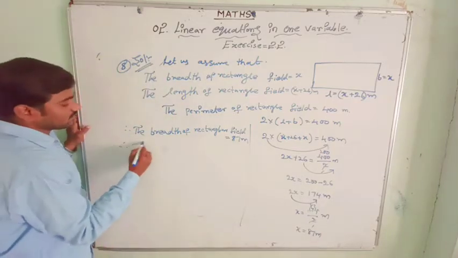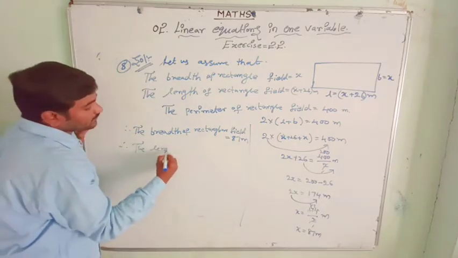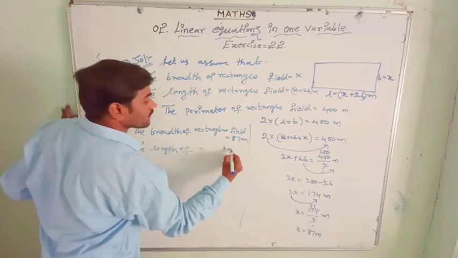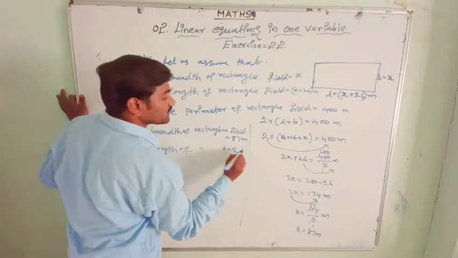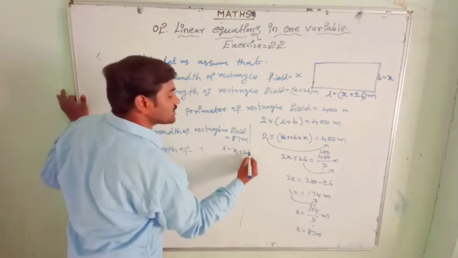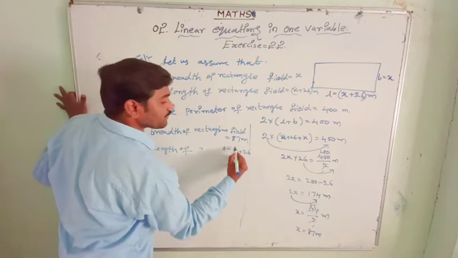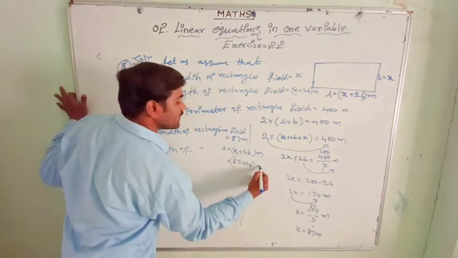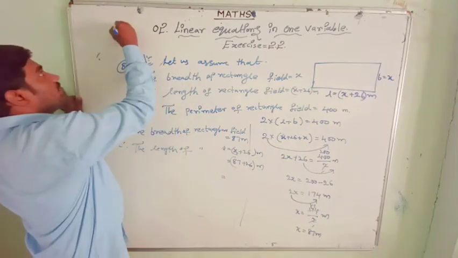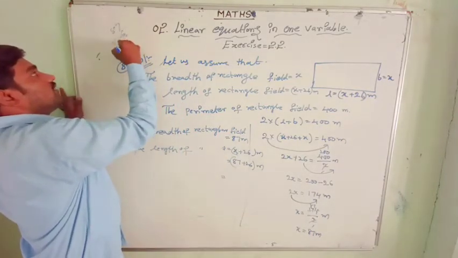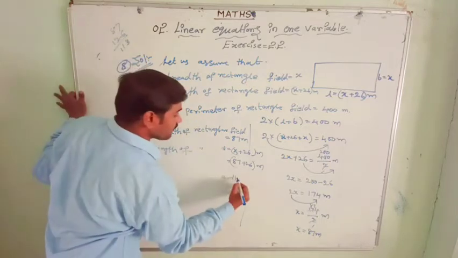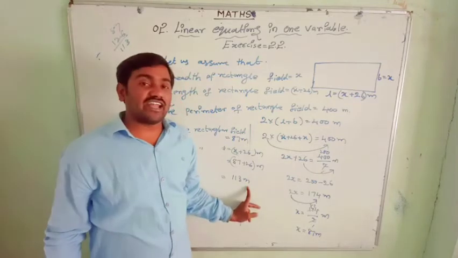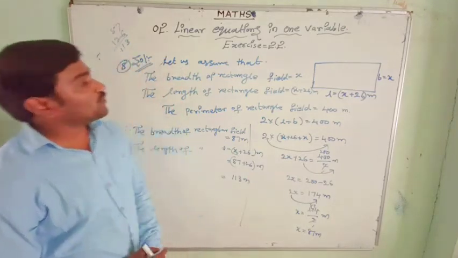Then the length of the rectangular field is x plus 26, so 87 plus 26 meters, that is 113 meters. Simple. The breadth is 87 meters and the length is 113 meters. So I hope you understood this.